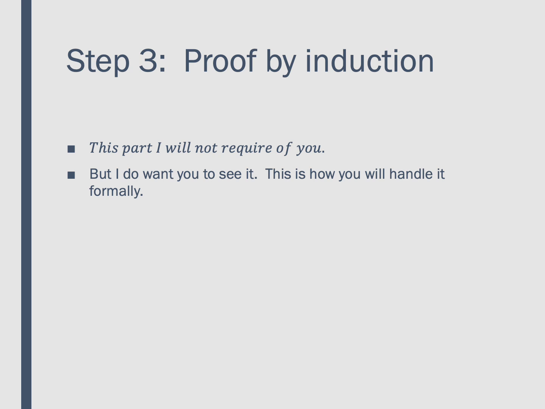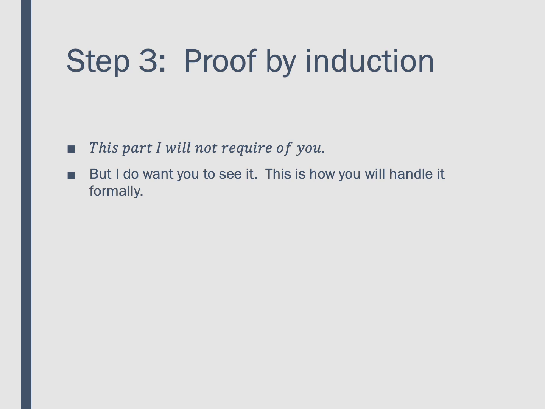So now that we have formed our guess, it's time to validate it formally through proof by induction. While we won't require you to perform this step on your own for now, I want you to see how this process works so you understand how to handle it when needed.